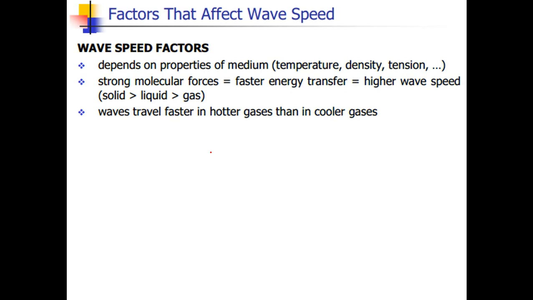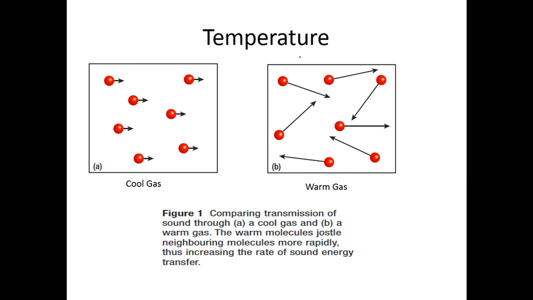Okay. So just keep in mind, these are some factors that affect speed. You should know them. It's a good multiple choice question. So temperature, right? Warm gas is going to transmit that energy much more readily, much more effectively, because the molecules jostle with one another and transmit that energy a lot more efficiently.